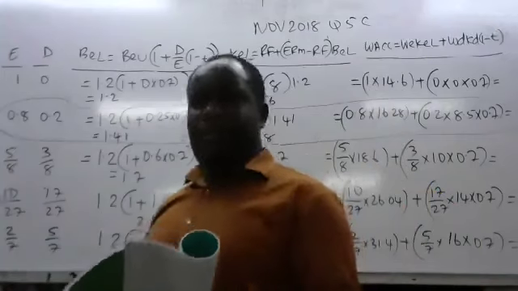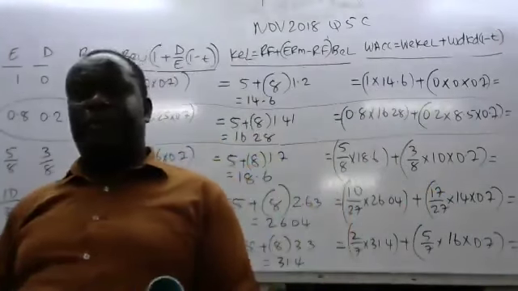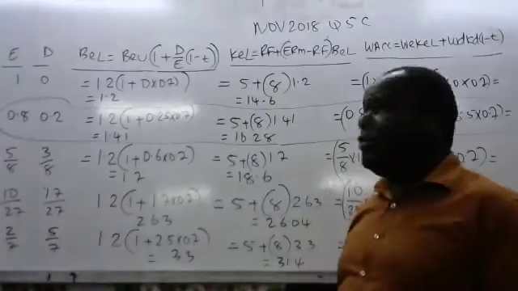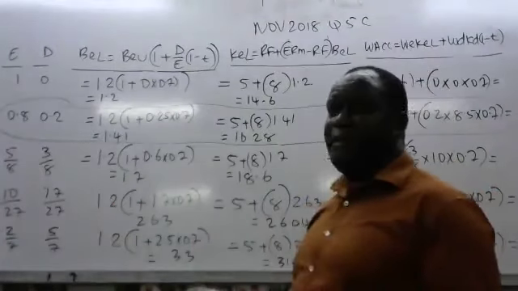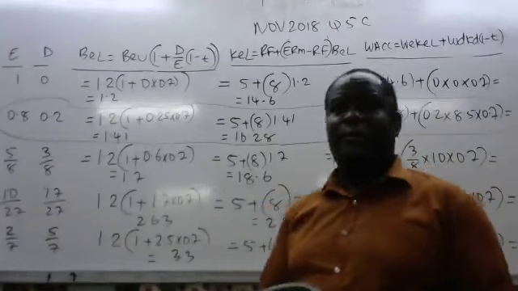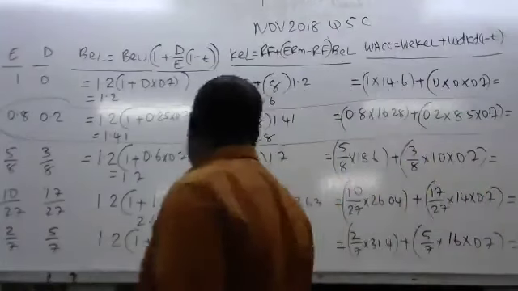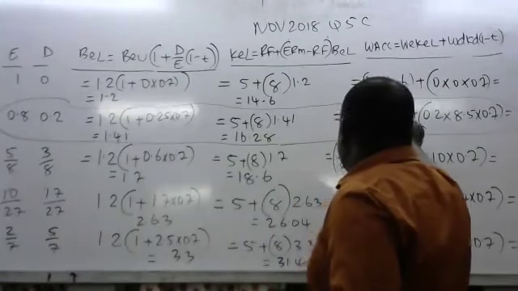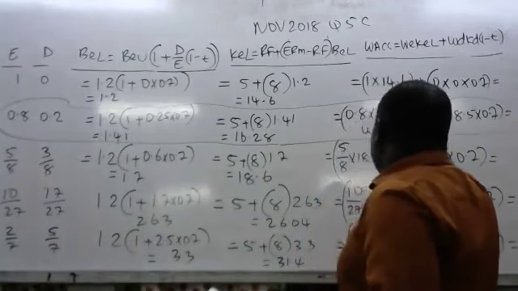Then now Roman letter 2, they were asking you the optimal WSCC. So what is that optimal WSCC? It is 14 point what?